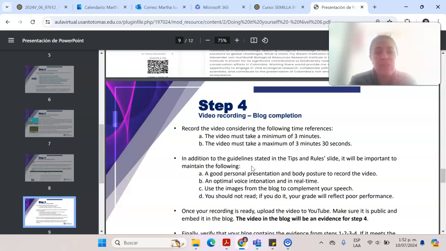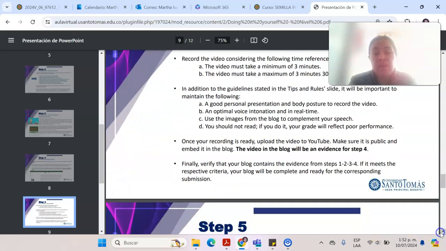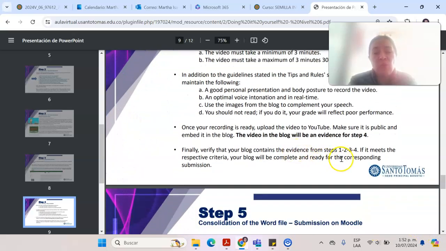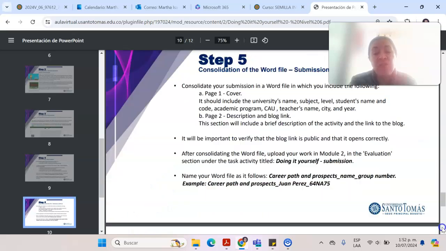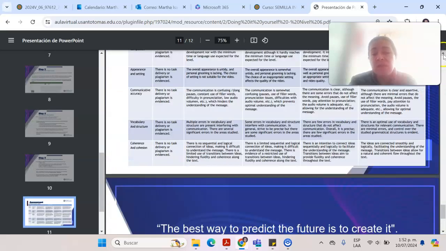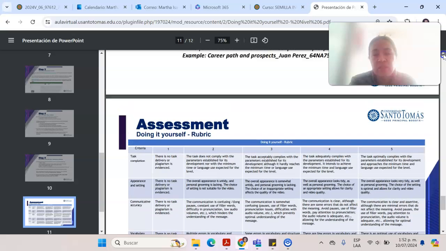Please don't forget the different websites to record, so you can use for example YouTube, or you can use another application to record your video. Okay, and so you need to do the evidence from each step, 1, 2, 3, 4. Okay, and 5. The final step is 5.